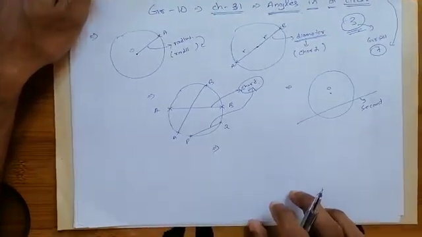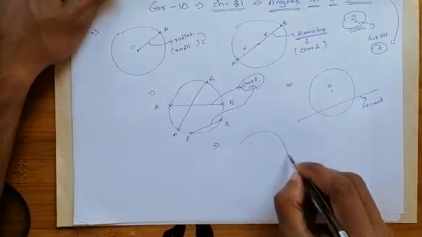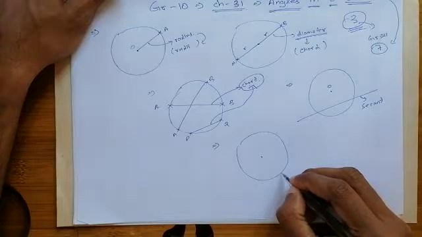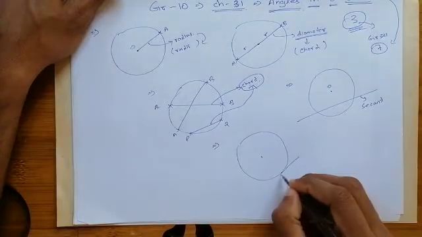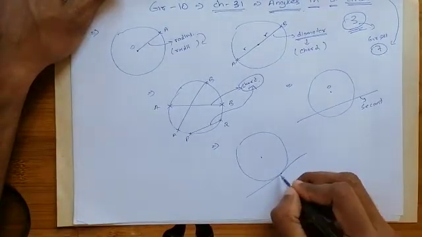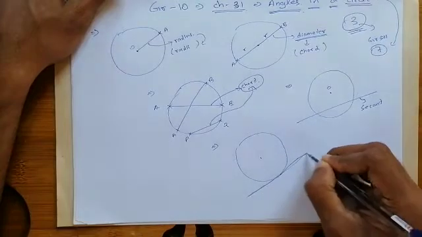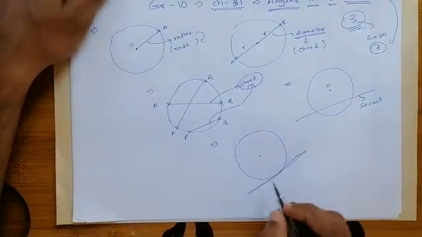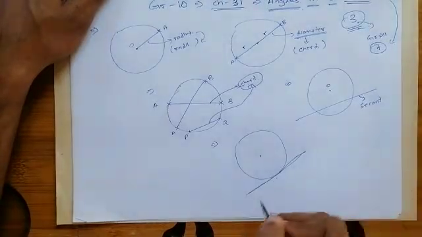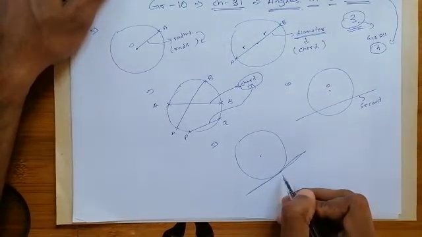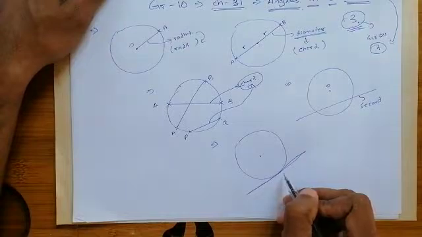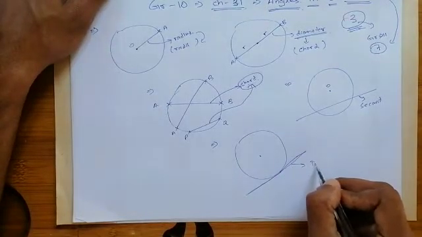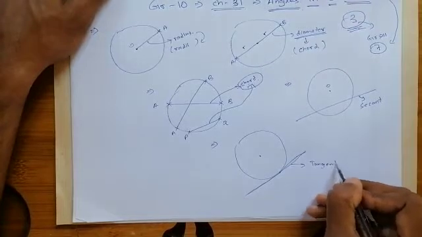Finally, we have another straight line related to a circle: a straight line which touches the circle at a point. A straight line that touches a circle, or passes through a point on a circle, we call a tangent.